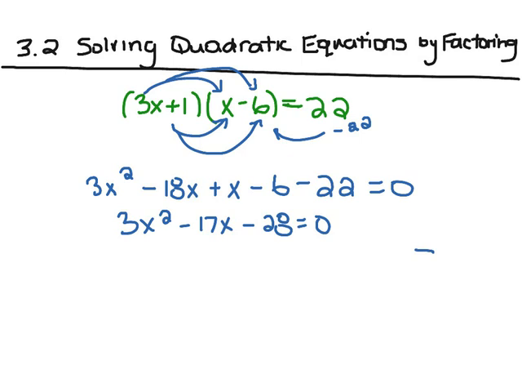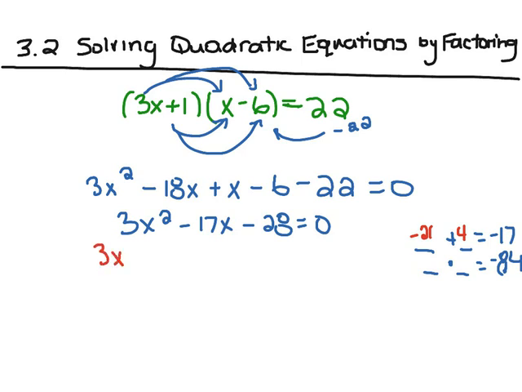Now we're looking for two numbers that add up to negative 17 and multiply out to get negative 84. And our two numbers are going to be negative 21 and 4.